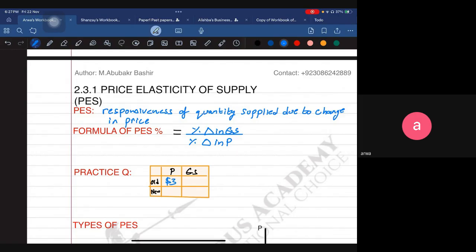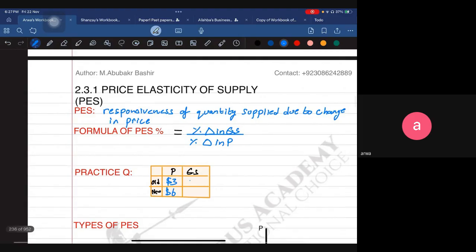It is $3. It is $6. So if I say, can you do this question? Yes, sir. Can we find the right PES for this question?